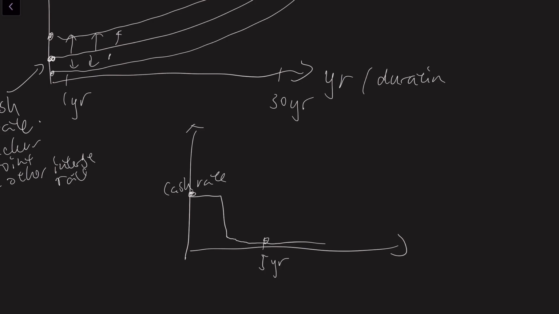Then who would buy a 5-year bond which pays a lower interest than the cash rate? So people will go towards this lower duration market, like the cash market, and buy cash. And we know that when we buy cash, the yield of cash decreases because the price is inversely related to the yield.